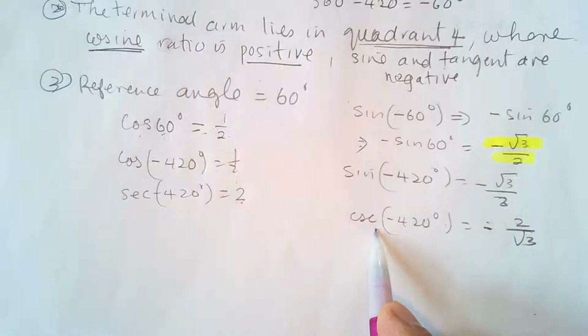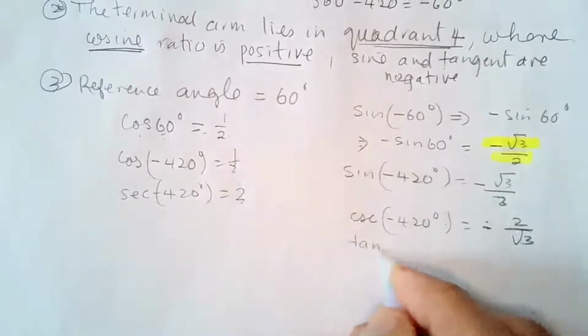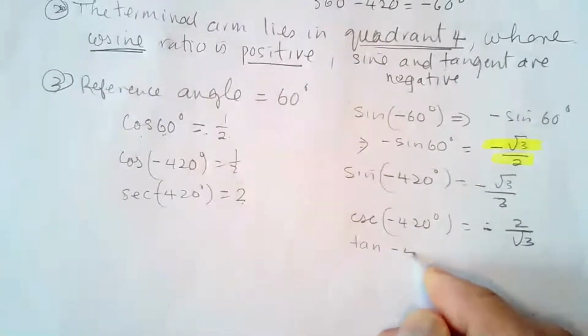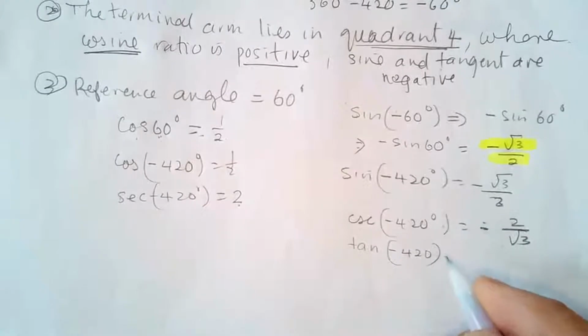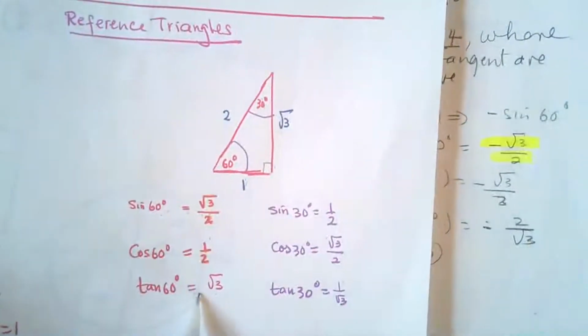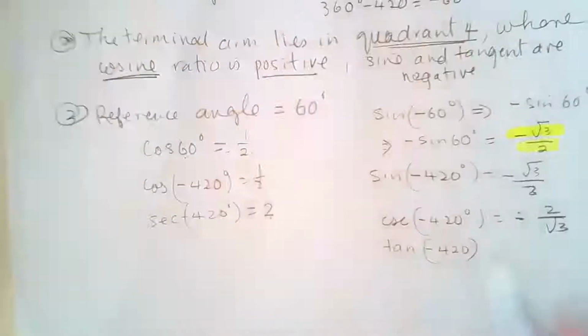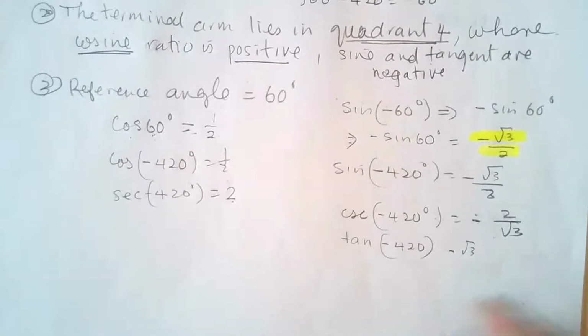Now we go to tangent. So tan negative 420. If we go back to our trig ratio, tan 60 degrees is root 3. But this would be negative because tan is negative here. Negative root 3.